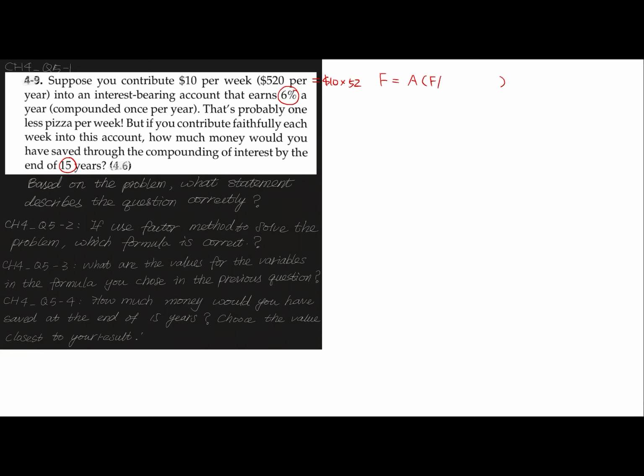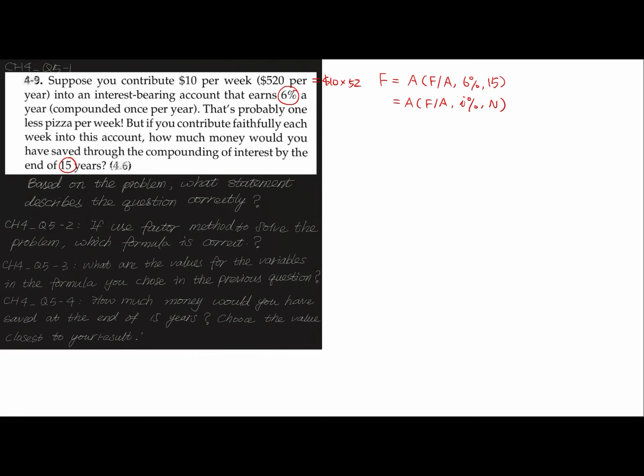It's to find F given A at the interest rate of 6% for 15 years. So that's your factor, and in our original question, the generic writing of this factor is going to be this.